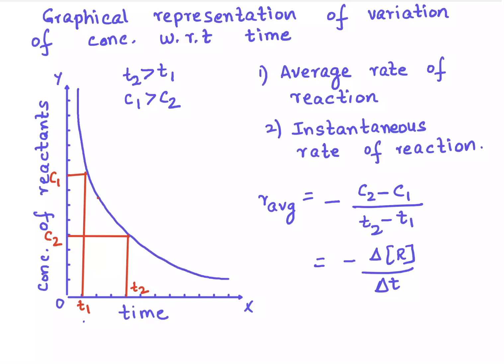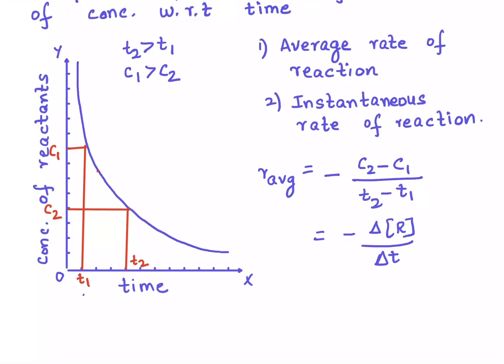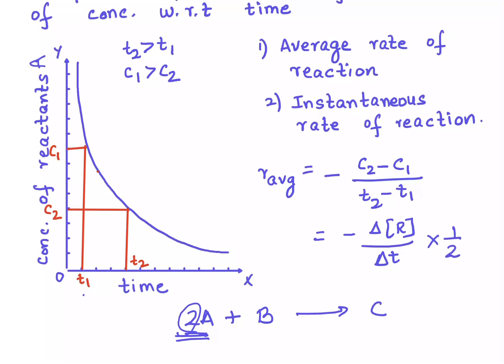Supposing this reaction involved, let's suppose, a hypothetical reaction, 2A plus B gives me C. A has a coefficient over here. So what are we going to do? Supposing this graph is for the reactant A. Then in that case, I've got a coefficient. So what am I going to do? Yes, I'm going to divide it by the coefficient.